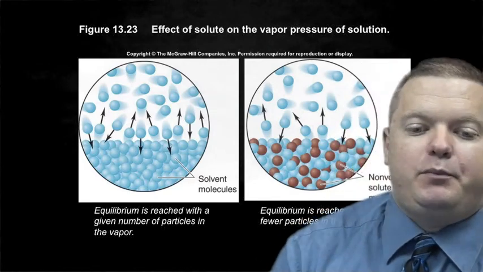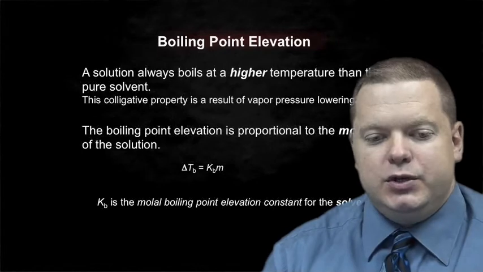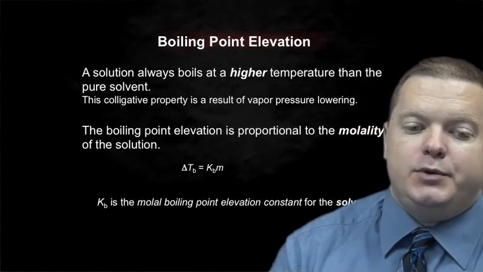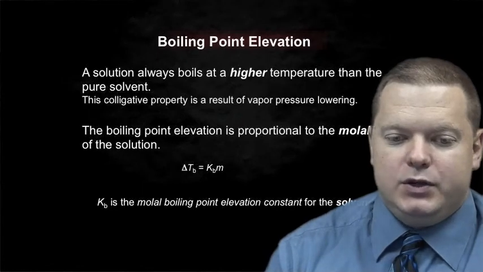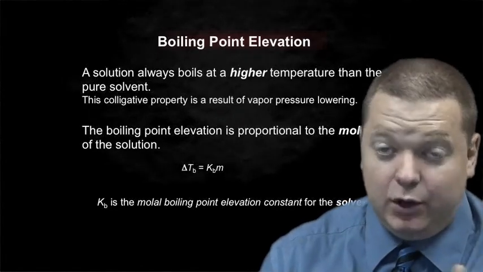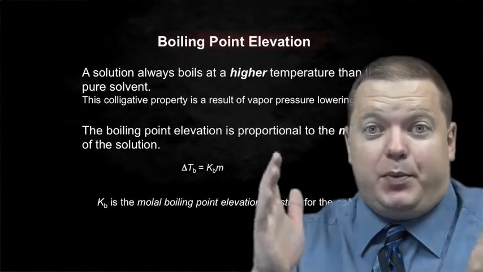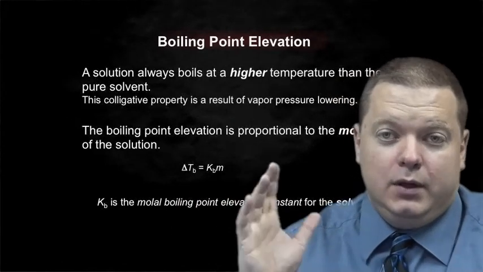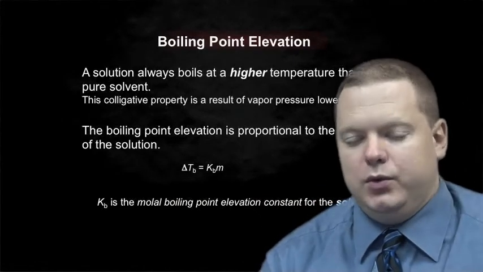The next colligative property that we're going to talk about is boiling point elevation. A solution will always boil at a higher temperature than the pure solvent. This colligative property is usually a result of the vapor pressure lowering. When the vapor pressure equals the external pressure, we get boiling.